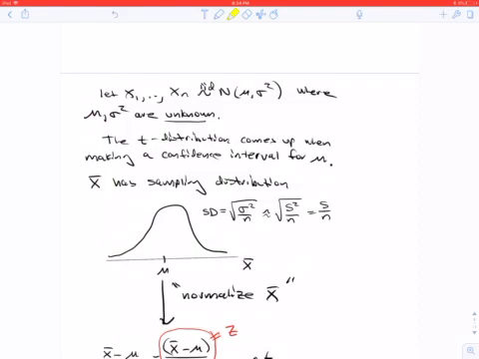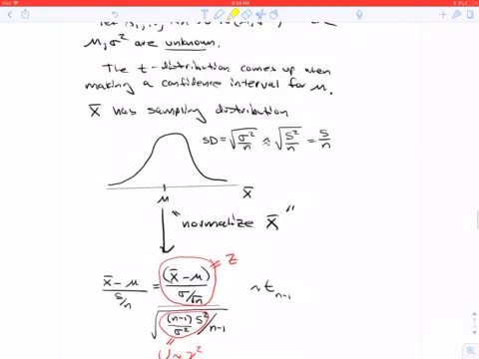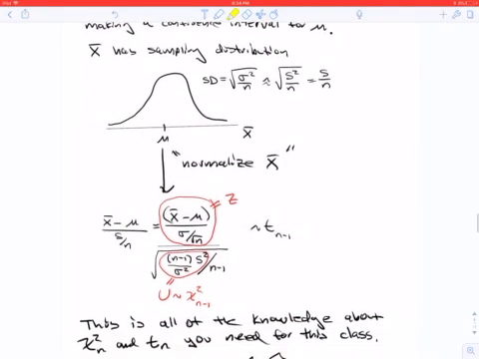The way that the t-distribution comes up is in terms of the confidence interval for the population mean. So the sample mean has a sampling distribution, as drawn here.